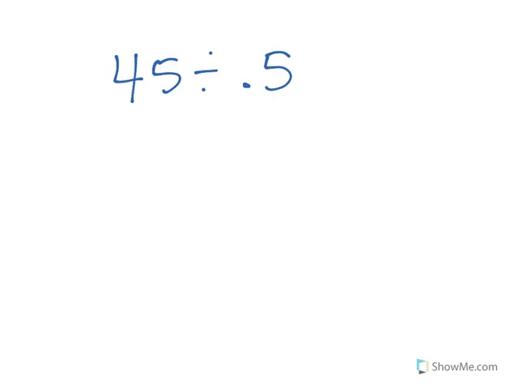Let's try this again. So I have 45 divided by 5/10. I'm going to set this up in a traditional way. 45 divided by 5/10. I have a decimal that I put at the end of my whole number inside.